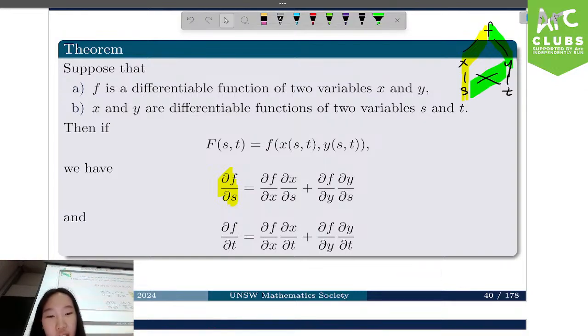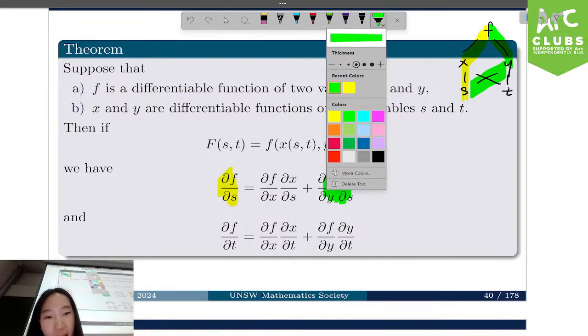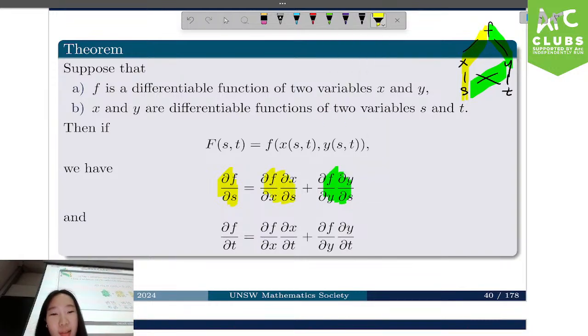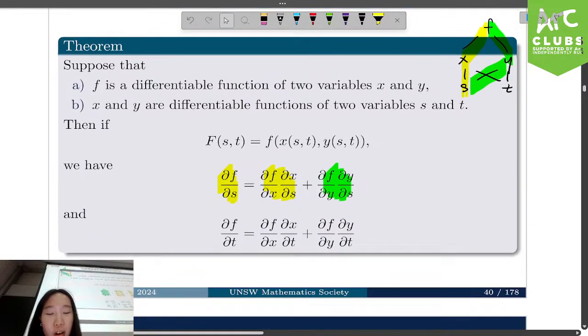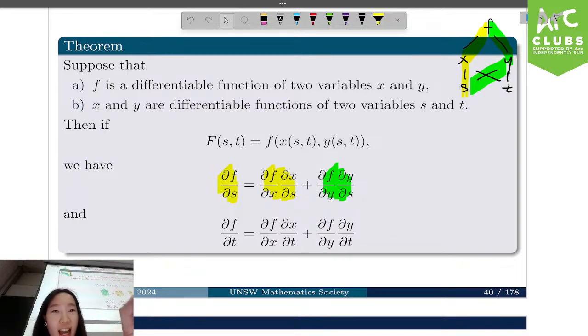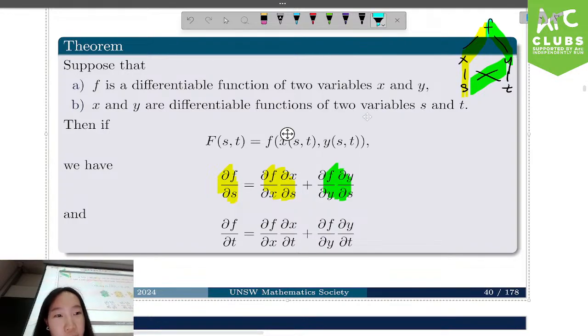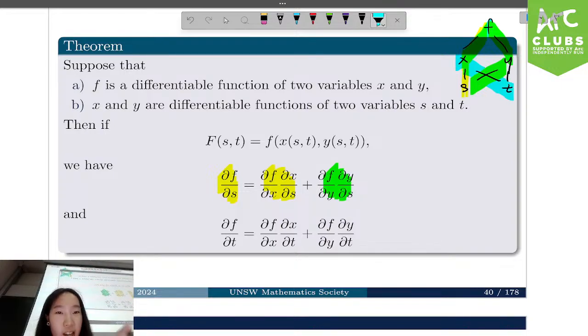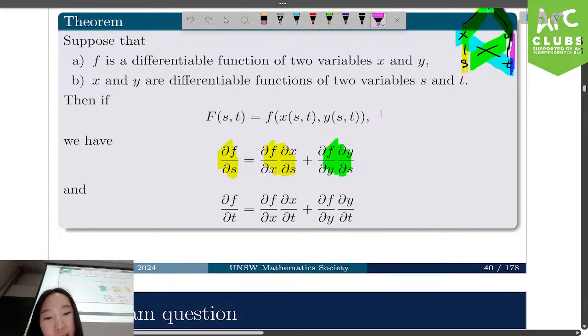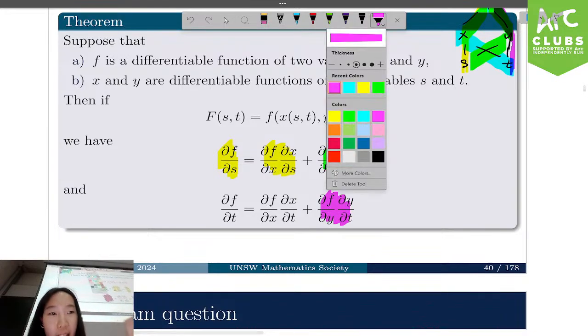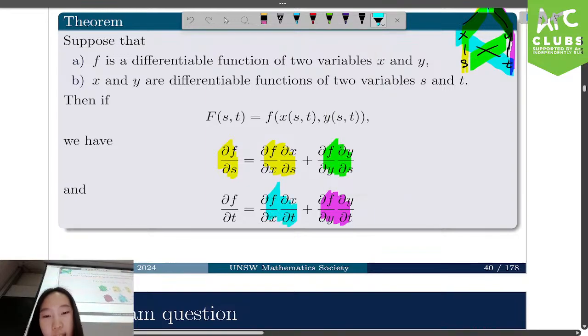So this is our green path, and here is our yellow path. And also, if we are going to take the partial derivative with respect to t, then we can go in these two directions. We take x first, and then t. Or we take y first, and then we go to t. So this is our pink path, and here's our blue path.